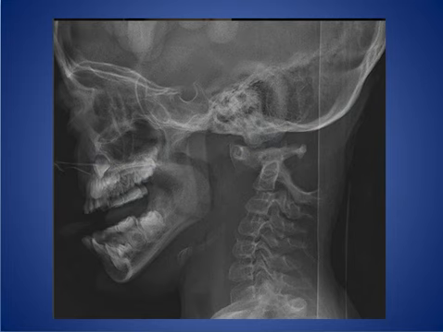Next case, we have a 5-year-old child with trisomy 21 and weakness. And as we see here, there is atlantoaxial instability associated with os odontoideum.